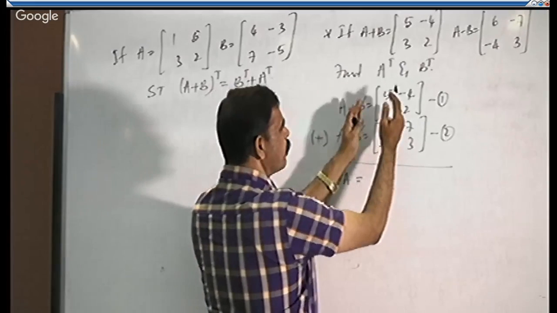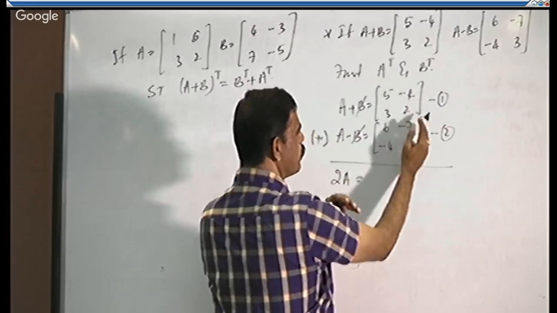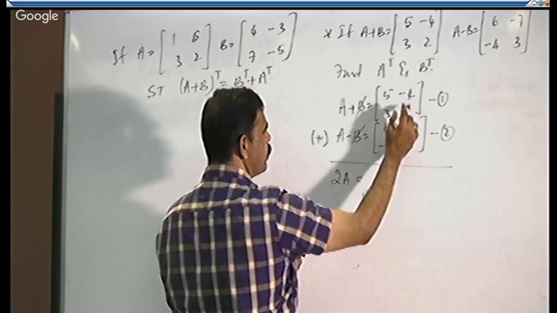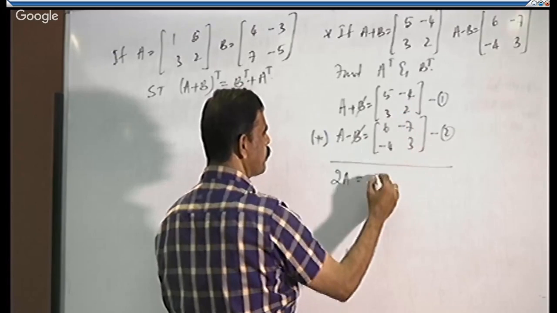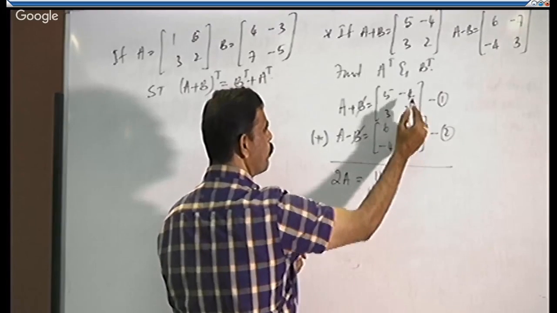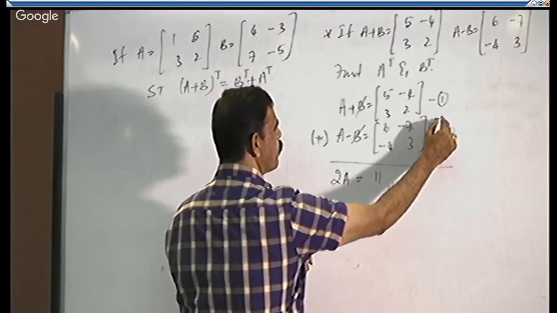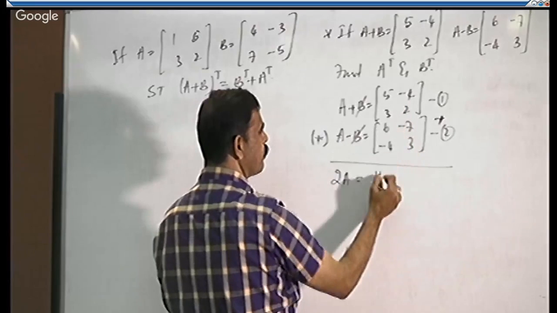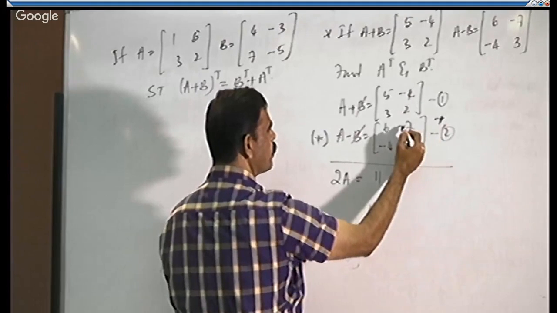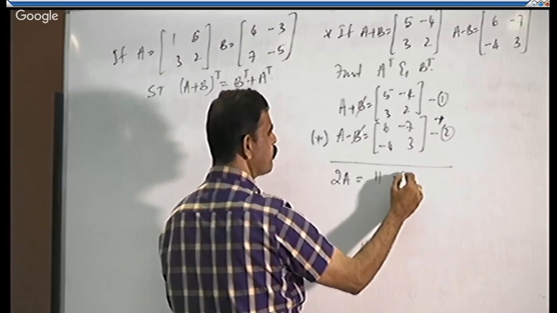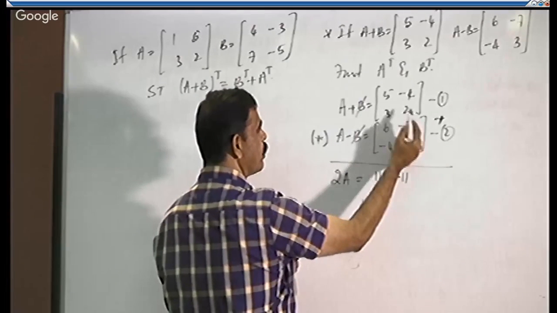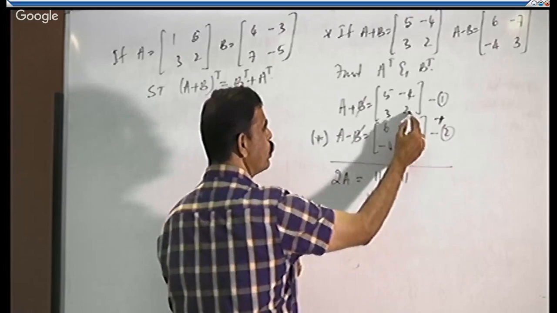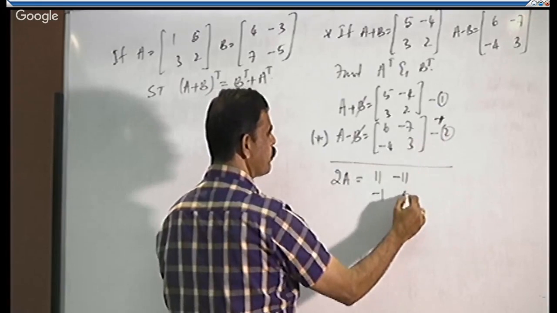At the same time, if I have to add at the right side, this matrix should be added with this. Because we are adding at the left side and right side. 5 plus 6, 11, minus 4 plus into minus, minus 7, it is minus 11, 3 plus into minus, minus 4, it is minus 1, 2 plus 3, it is 5.